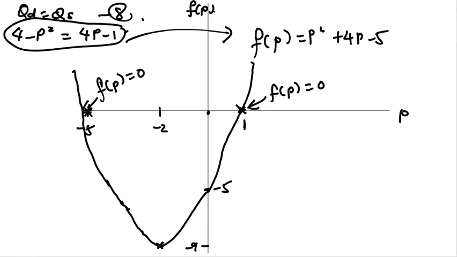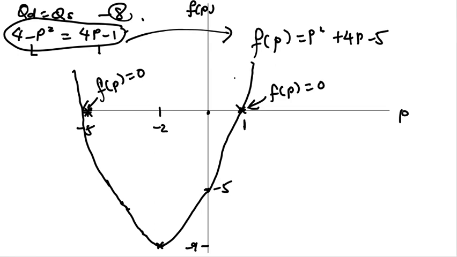Apart from elimination of some variable, like what we did for the linear case previously, another way is to solve it using this method. When you see a quadratic form, you can equate it to 0, because if the left hand side is equal to the right hand side, then left hand side minus right hand side becomes 0, and that 0 is actually FP at a certain value of P.